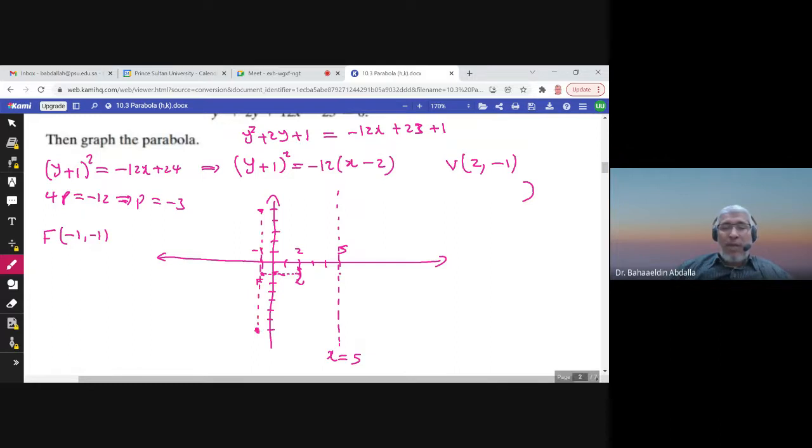Okay, and I can connect the vertex with the latus rectum endpoints and graph the parabola. And if you want to be more accurate, find the y-intercepts and the x-intercept. The x-intercept must be a number between 1 and 2, as I did in the previous question.